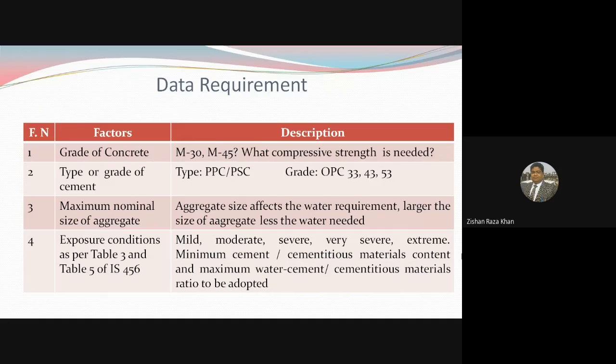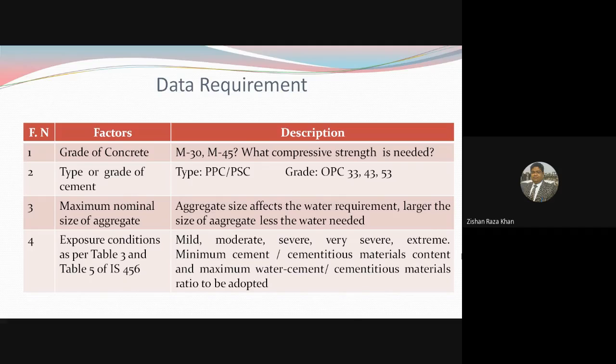I've made a list so that we can concentrate on the factors one by one. First we need to figure out what grade of concrete we need. Obviously, if we need M30, then we design for M30, and if we need M45, then we go about that. So the first step in mix design is to fix what grade of concrete we need.